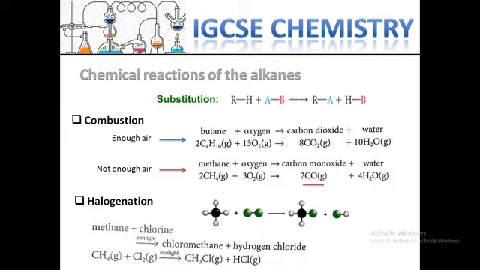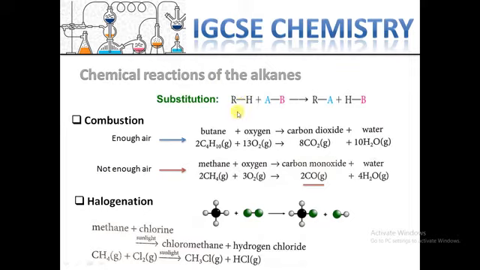So sunlight or any other related light can break down the bond in chlorine and also in RH here. This is RH, this is carbon RH, the same. R can be defined for any alkane chain.